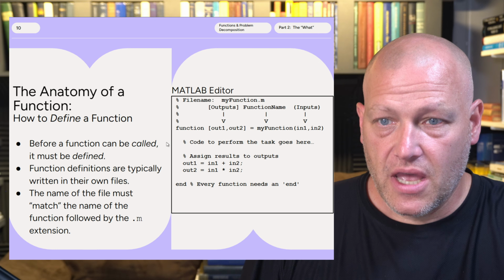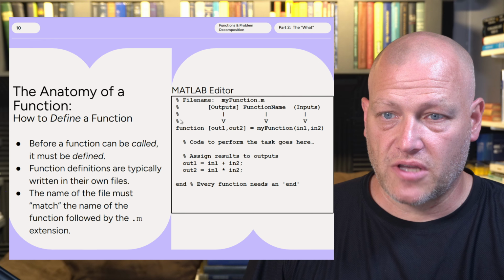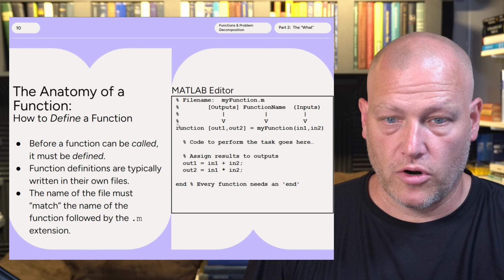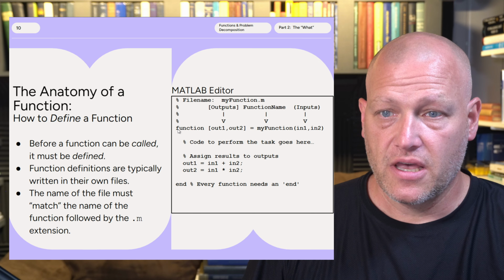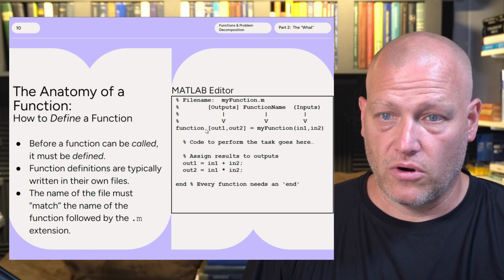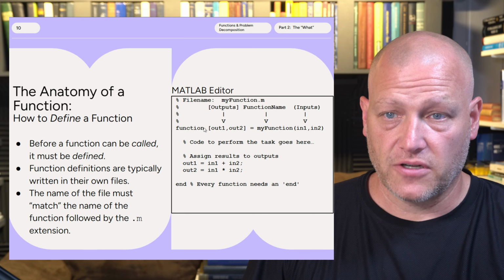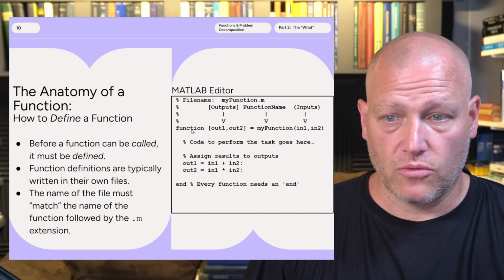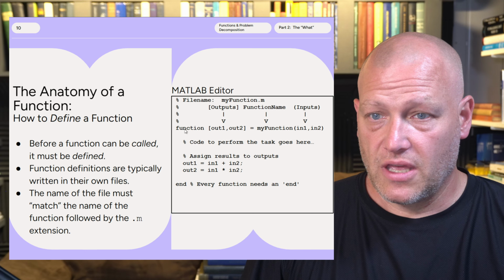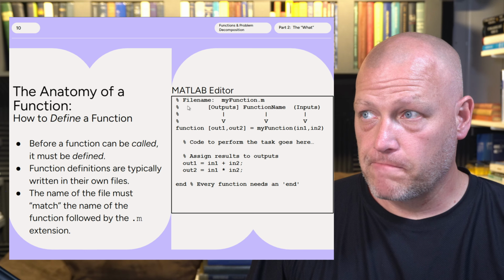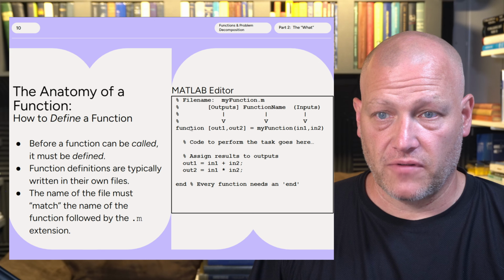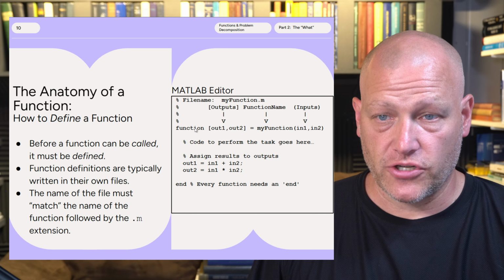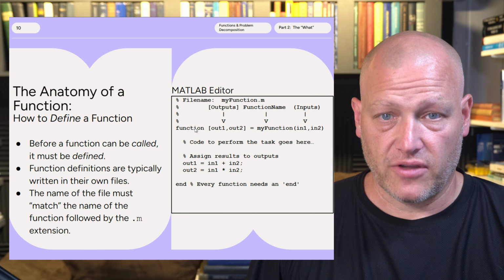So once we get past all those comments, which, if you recall, are ignored by the computer, it doesn't care about any of the things that come after these percent signs, we then have the one keyword that tells MATLAB that this file contains a function, and that's literally the word function. If MATLAB opens up a .m file and the first real piece of text that it can use is the word function, it knows that this is a file that contains a function.